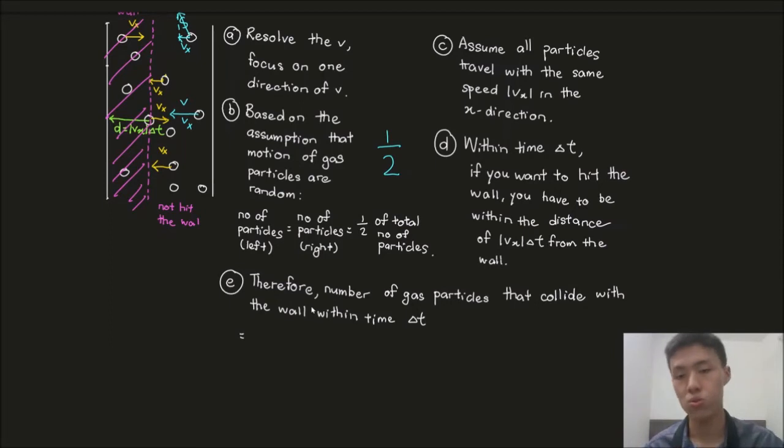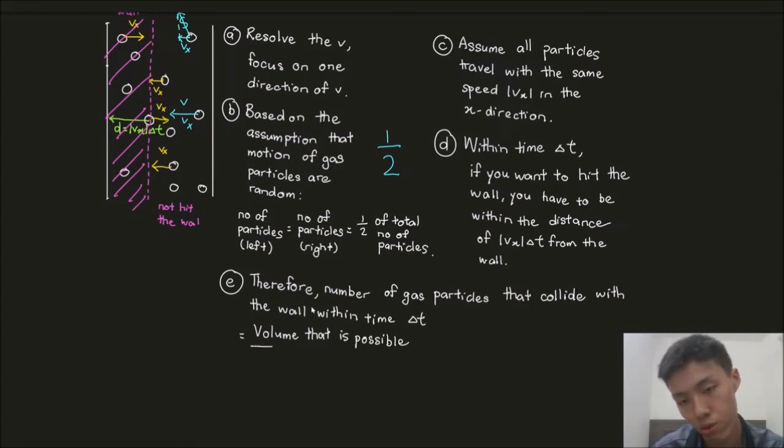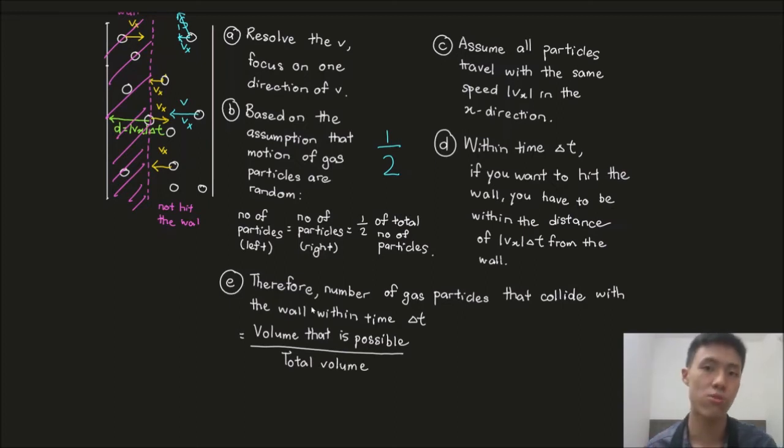So what we are going to do now is take the volume that is possible to hit the wall, and divide it by the total volume. So taking this possible volume divided by the total volume, essentially you are finding the ratio of possible divided by total.